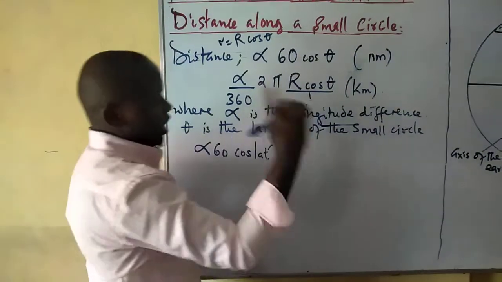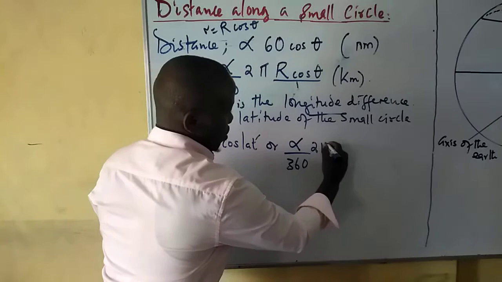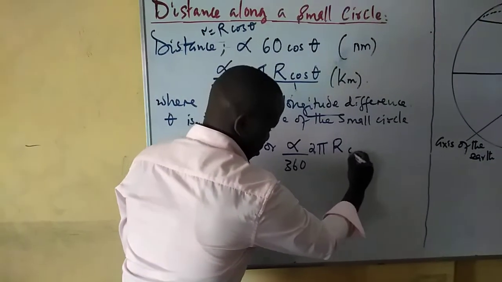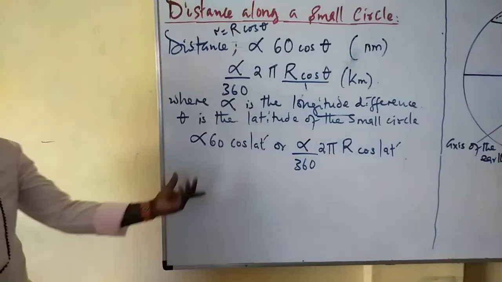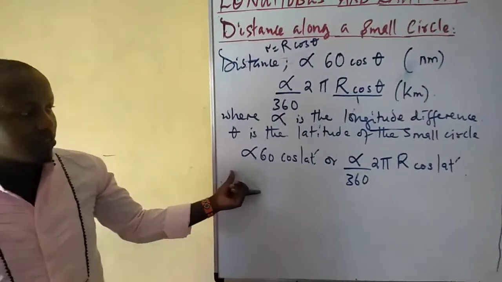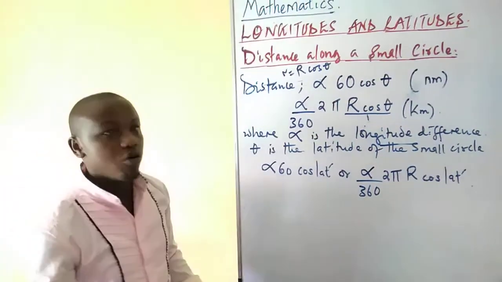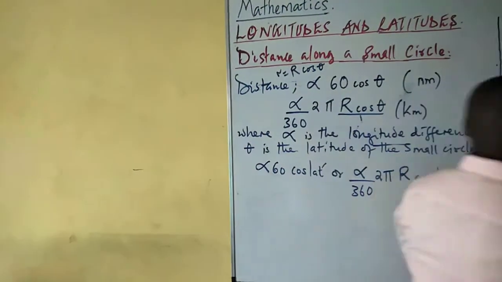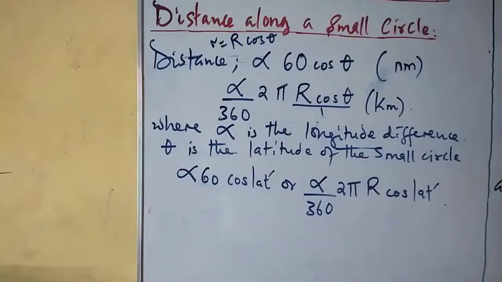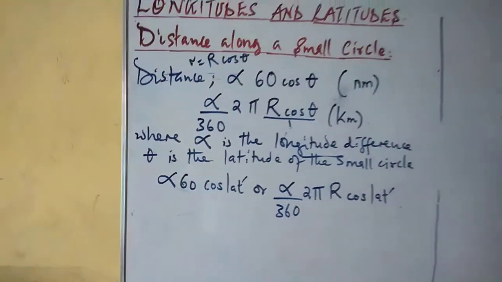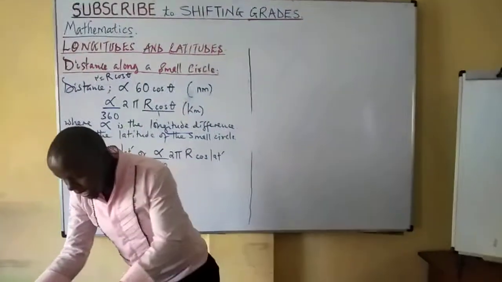Or, for kilometers, alpha over 360 times 2 pi r cosine of the latitude. So the formula can be stated simply this way. I would like to give an example. Those are the formulas on how the distance along a small circle is calculated.